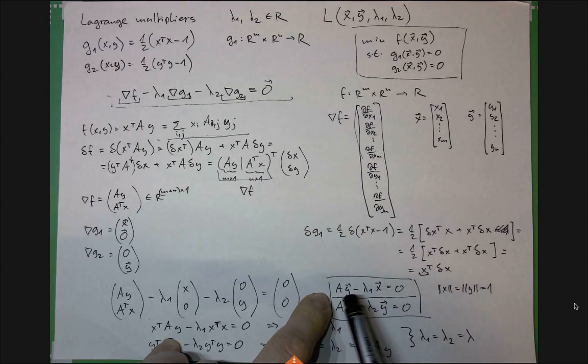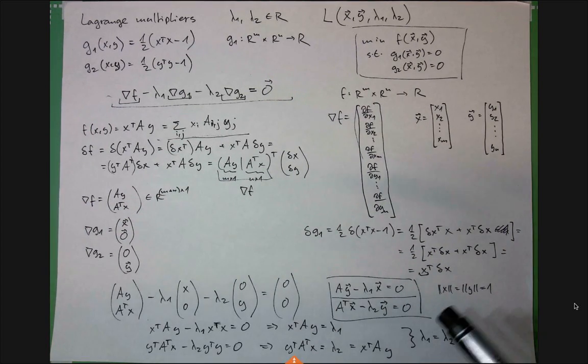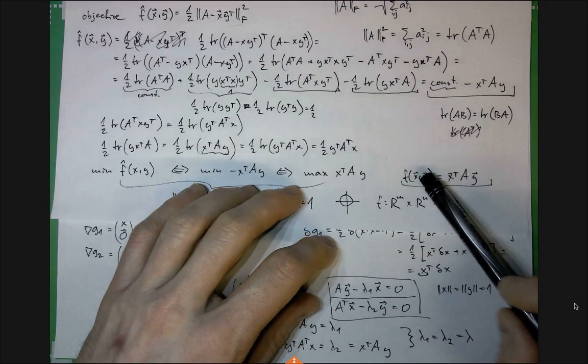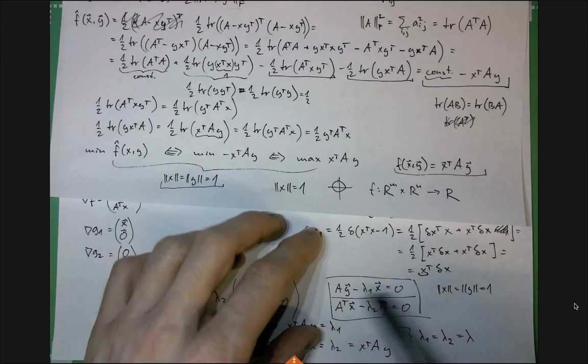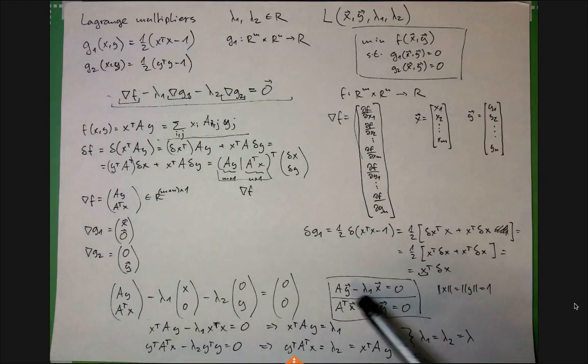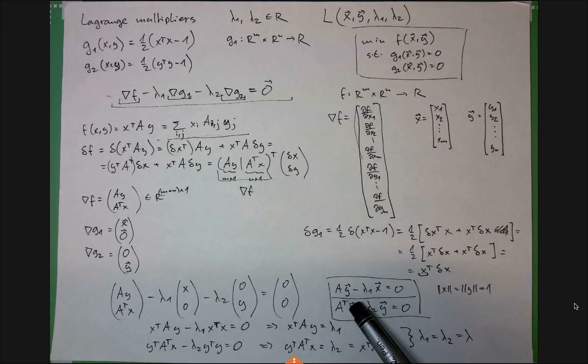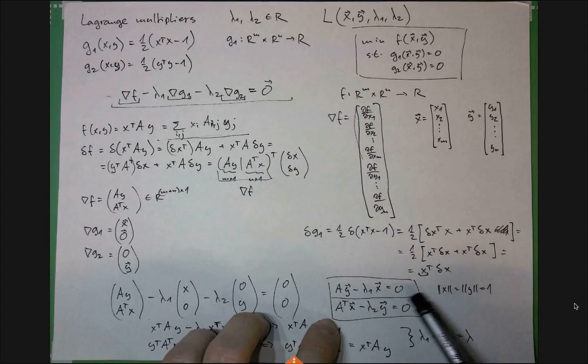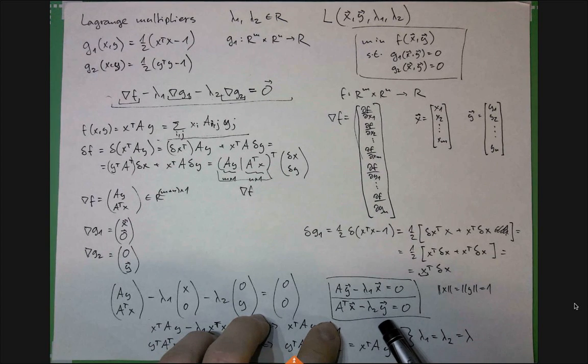So if y and x should have any chance of being the maximum of this function, if they are the critical points, then they must satisfy these equations: A y minus lambda 1 x is 0, and A transpose x minus lambda 2 y is also 0, where lambda 1 and lambda 2 were the Lagrange multipliers.